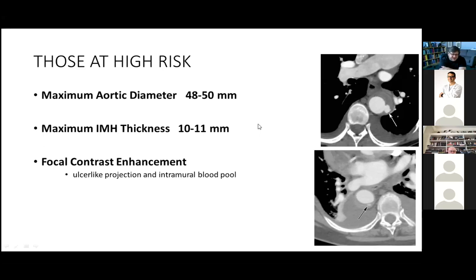If the IMH is a certain thickness over 10 millimeters and or growing, it'd be more likely lead me to consider operative management. And the other aspect is focal contrast enhancement, whether it's an ulcer-like projection, as you see in the top right-hand image, or you see some blood contrast pooling in the media in the right lower image.